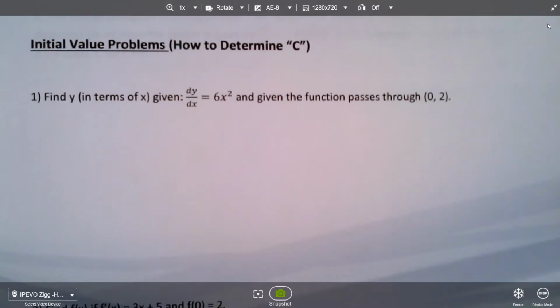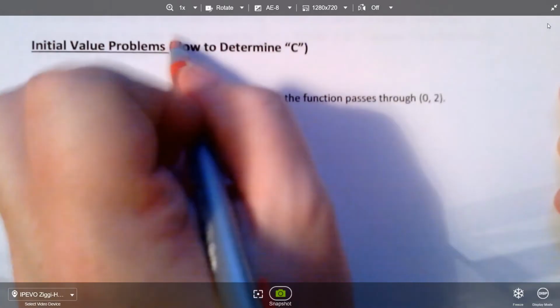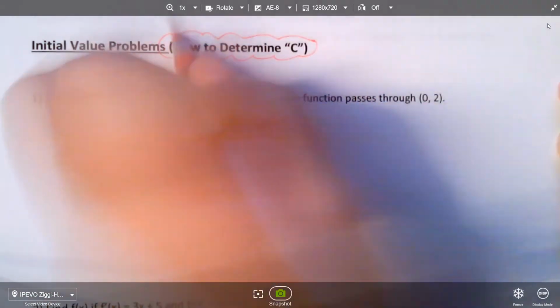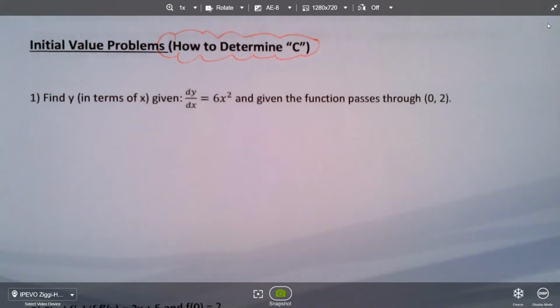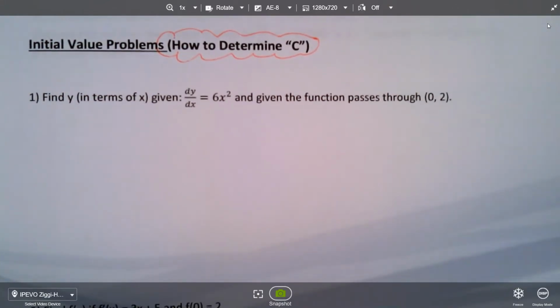So the first thing I'm going to show you is how you actually determine C. You saw in our last video that for all the answers of integrals you had to add C, because when you take a derivative of any constant you get 0. So going backwards, you won't know for sure whether there was a constant, and even if there was one you wouldn't know what it was.